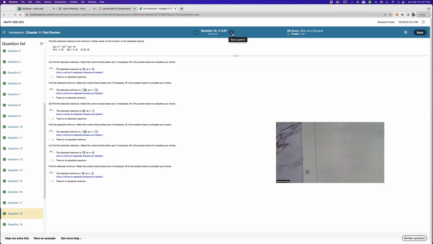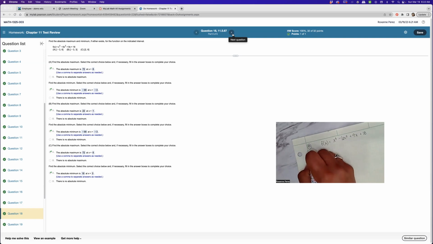Okay, 18. This one's where we really need to pay close attention to our graph and our domain. So let's see, our function is f of x equals x cubed minus 6x squared plus 9x plus 18.